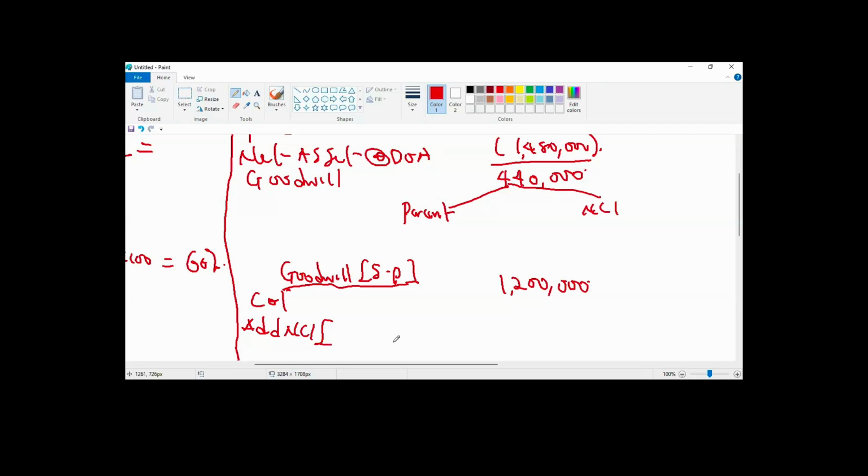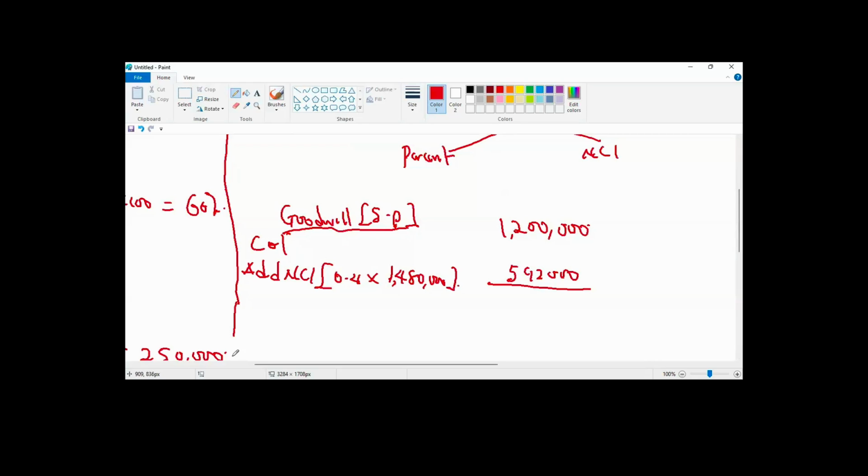In share of proportionate, the NCI to be added is the percentage of the net assets. 0.4 times 148,000 gives 59,200. So this added to the purchase consideration gives 1,259,200.